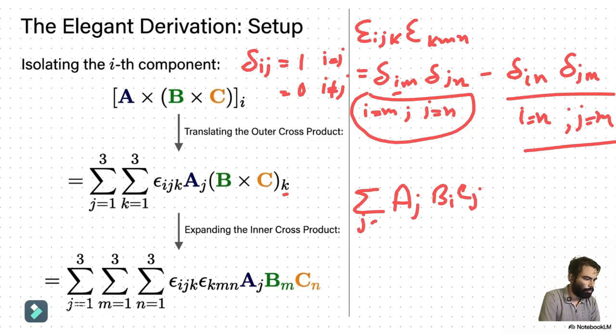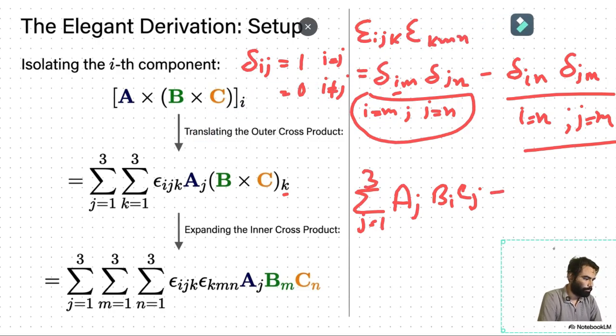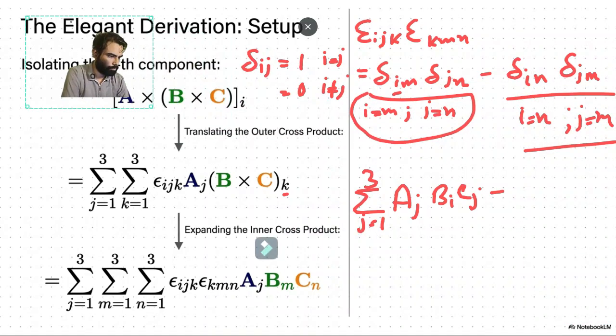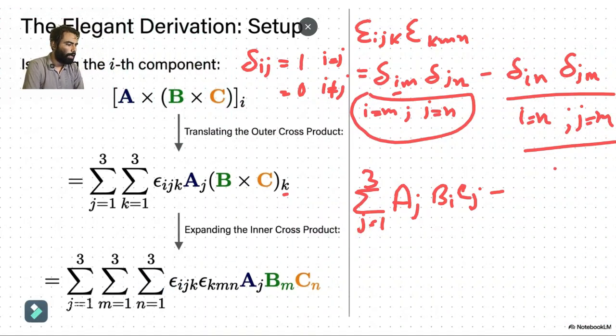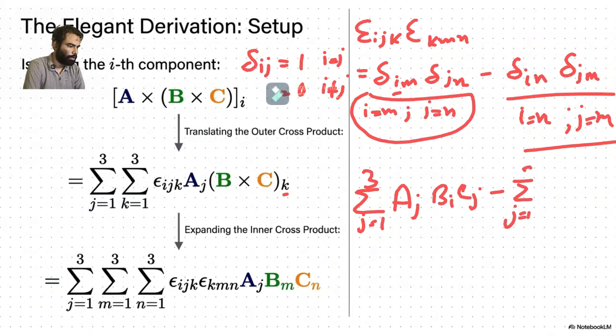We are working on the component with j from 1 to 3, minus, here it is the same, j from 1 to 3. Now here i is equal to n, so aj will be the same here. Now bm, m is equal to j here, and c becomes ci.